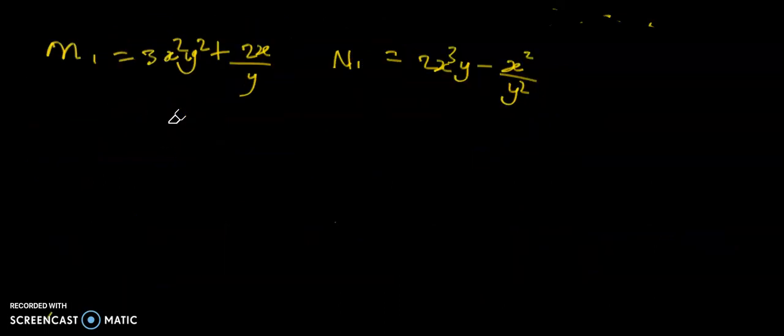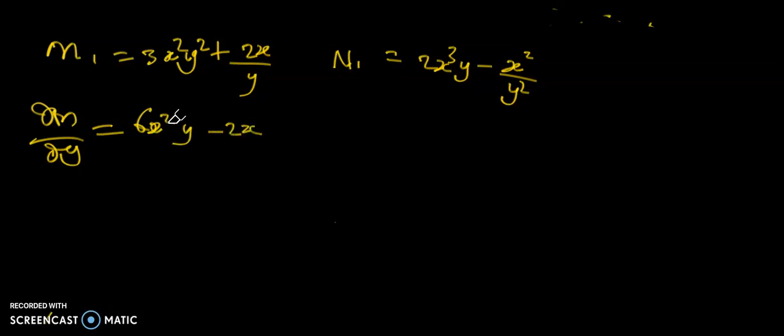Let's now partially differentiate dm by dy. Let's differentiate this, 6x squared y minus 2x divided by y squared, with respect to y. Let's differentiate this with respect to x.